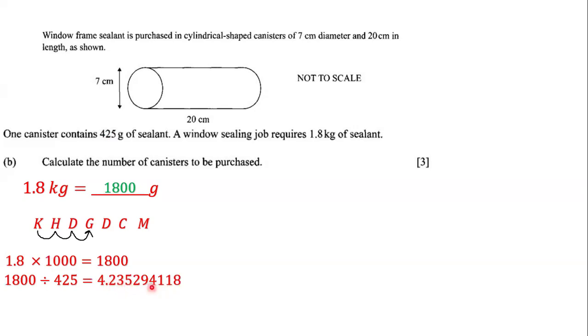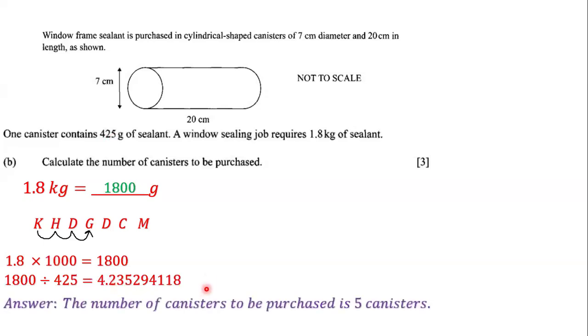You need a little bit more than 4, so you can't get 4 canisters, but you can't get 4.235 canisters either. We need a whole number. If we get 4, that's too little, and anything less than 4 is still too little. So we have to get 5, because 5 would be enough to complete the job. And so the number of canisters to be purchased is 5 canisters. And that's the answer to this question.